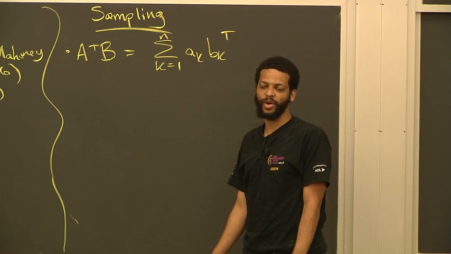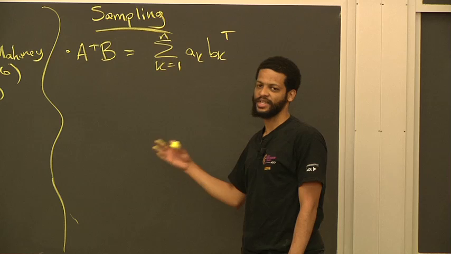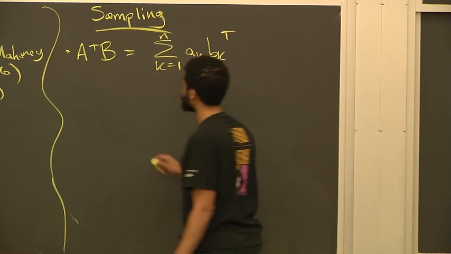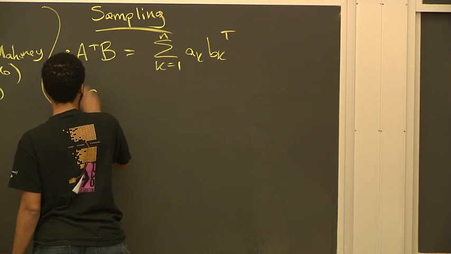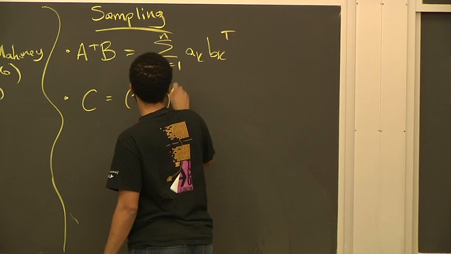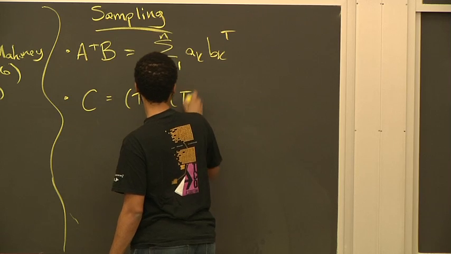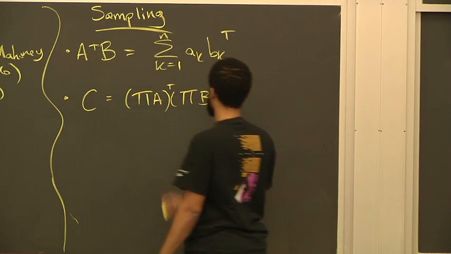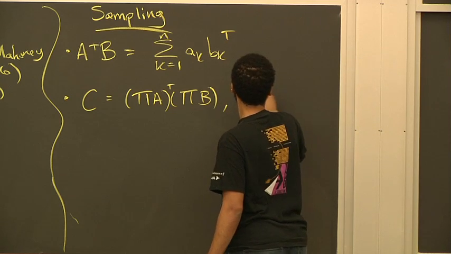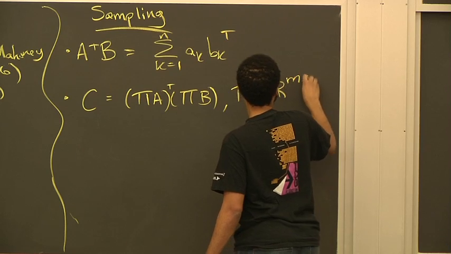So when I say sampling, what do I mean? I mean we're going to sample some terms from this sum of outer products. So we're going to have C be pi A transpose pi B, where pi is going to be an m by n matrix.